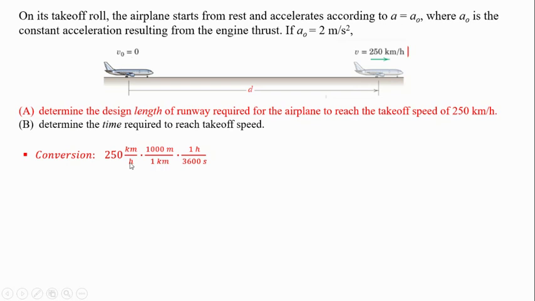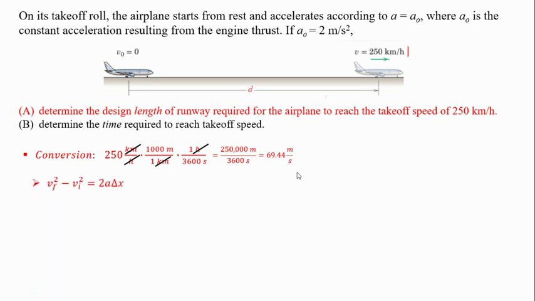And then I don't want hours, I want seconds. Since hours is in the denominator, in my third fraction I would need hours on top and seconds on the bottom. For every hour, I have 3,600 seconds. So I bypassed minutes here. I just went straight from hours to seconds. Units cancel out there, and if you simplify it in a calculator, you will get 250,000 meters divided by 3,600 seconds, and that simplifies down to about 69.44 meters per second.